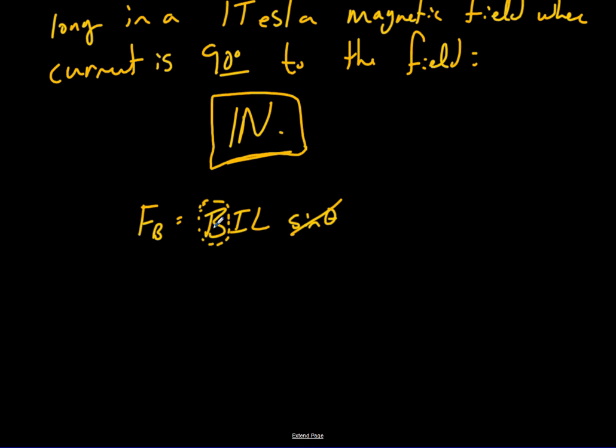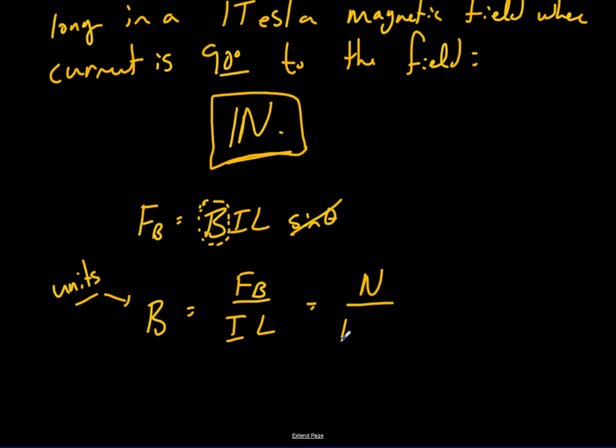And it's actually defined based on the interaction between a current-carrying wire and the current going through it, right? So B then, if we look here, could be defined as force over I times L. So if we want to find out what units this actually is, if we want to break it down to its base units, well, we've got newtons on top, and we've got current in amps and meters. So there's one way to define it: newtons over amp meters. And the way we would properly write that, of course, is this.